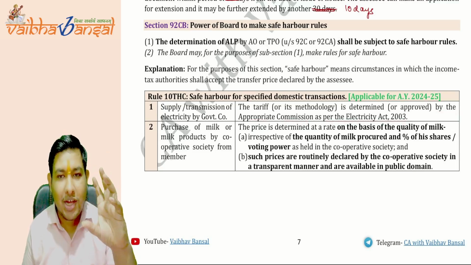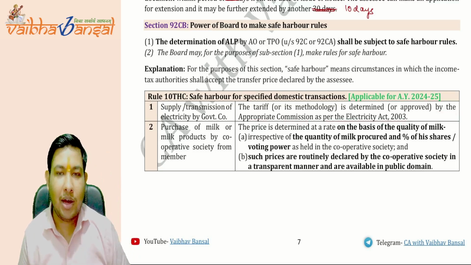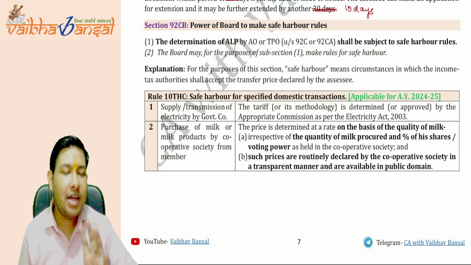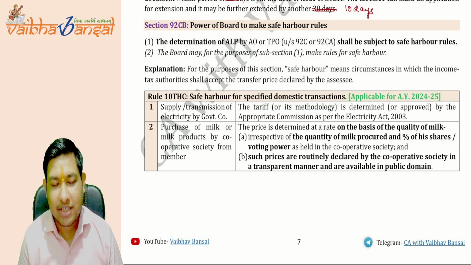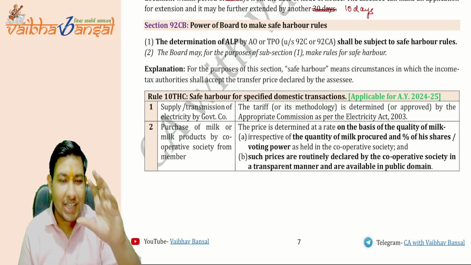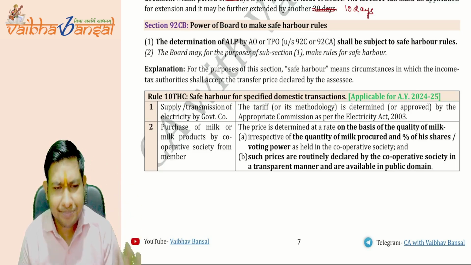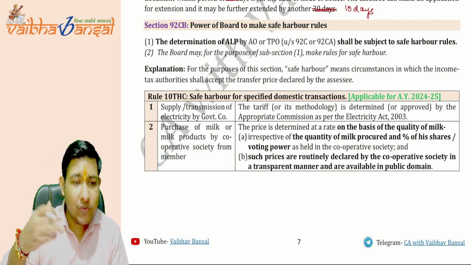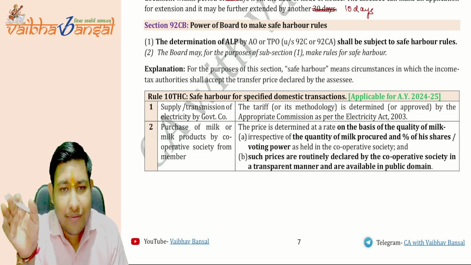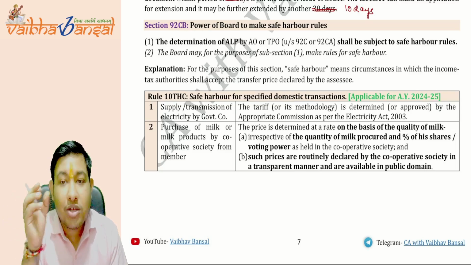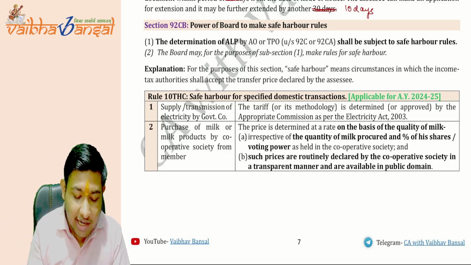Whatever tariff rate they decide, you must charge according to that only. If you have supplied electricity to your AE as well, it must be transferred on that tariff only.